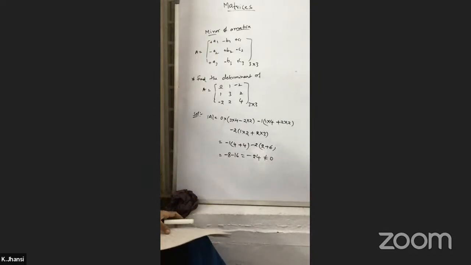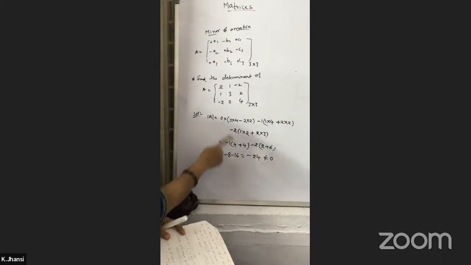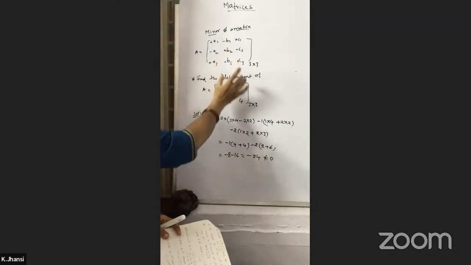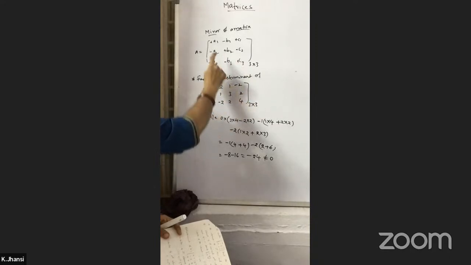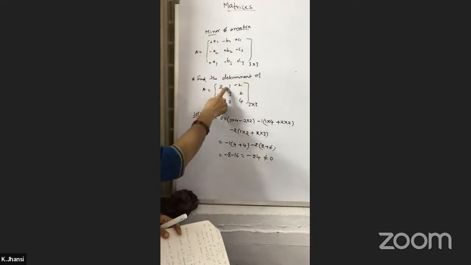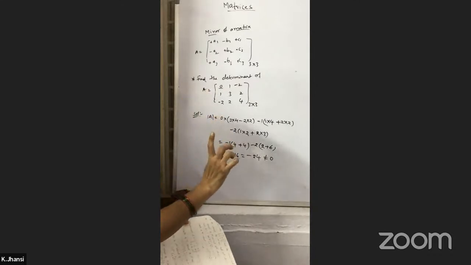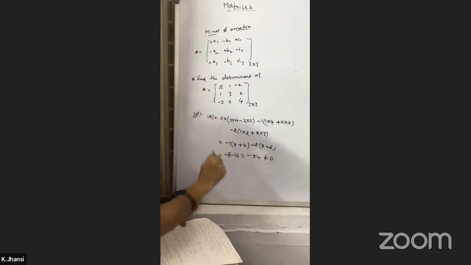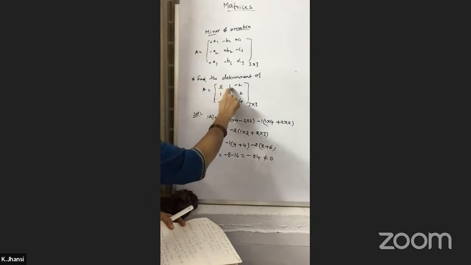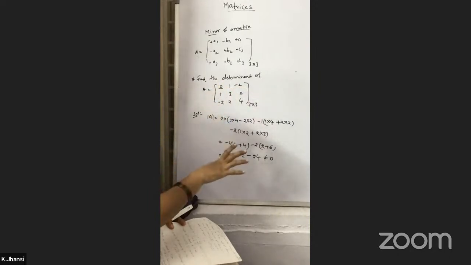So like this, we have to find the determinant of a matrix. This is the direct method. If you understood the concept of finding the determinant directly by taking the negative sign, remember, for the determinant of a 3 by 3 matrix we find only for the first row. It's enough.